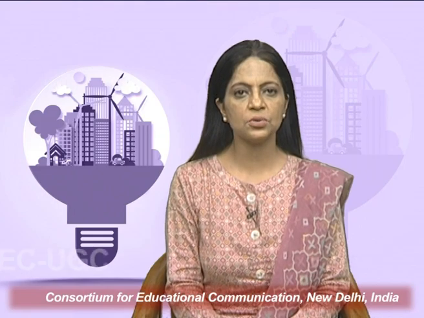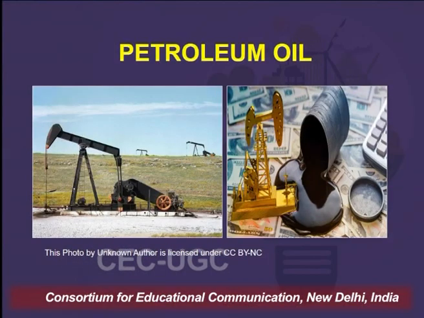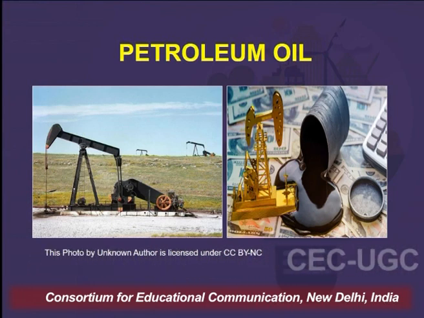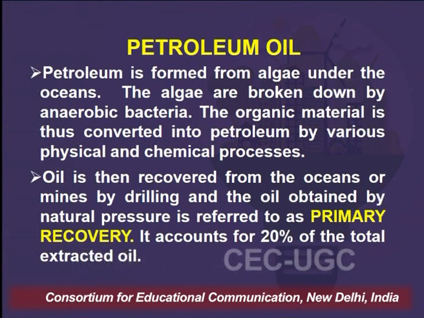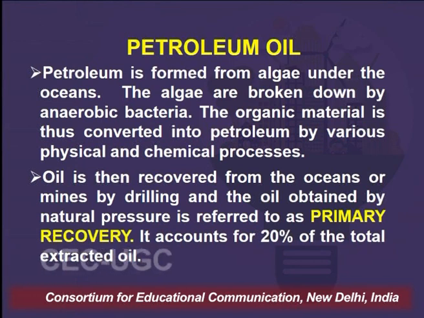There is a picture which is showing the extraction technique of petroleum oil on the left hand side, and on the right hand side, as you can see, the dark colored liquid which is present is actually the petroleum oil. Petroleum is formed from algae under the oceans. The algae are broken down by anaerobic bacteria.